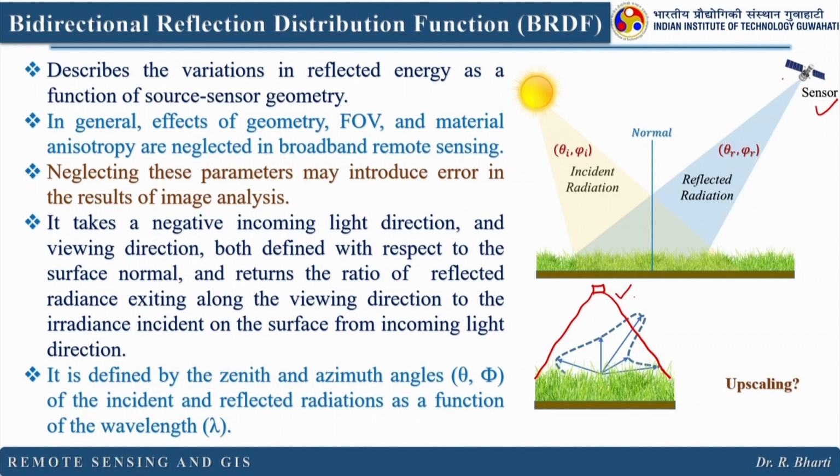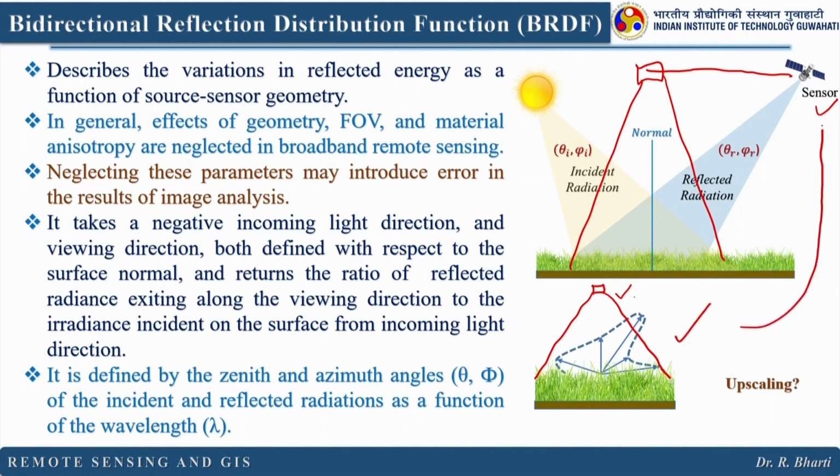You have to wait, or you have to find data which is acquired from this particular angle, right. So, if these two are the same, then you can upscale this ground information to satellite scale, right. But if you do not take care of this angle and source sensor geometry, what will happen? Your information derived from this data will be wrong.